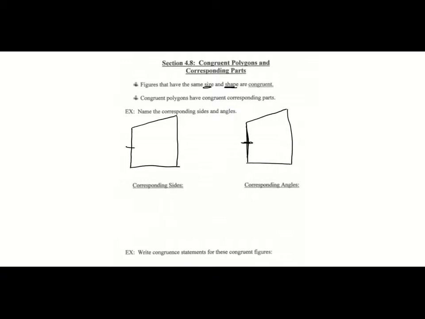So by congruent parts, I mean that this side is congruent to this side, this side is congruent to this side, these two sides are congruent, and this fourth side is congruent.